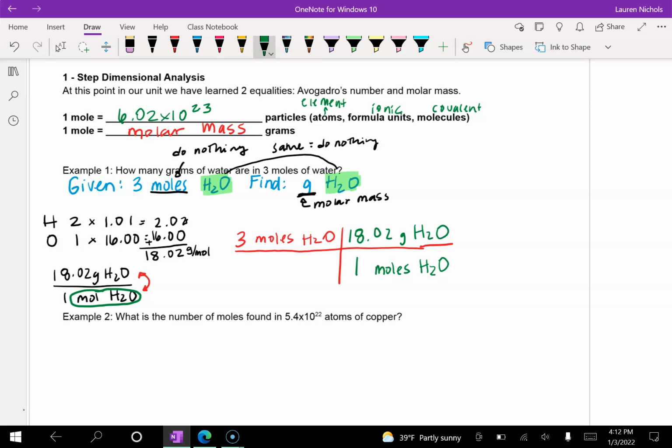And we see that moles of water will cancel out with moles of water. Grams of water matches what we're trying to find. So that means we're ready to put it in our calculator. And so what we'll do is we will multiply by what is at the top and divide by our denominator.